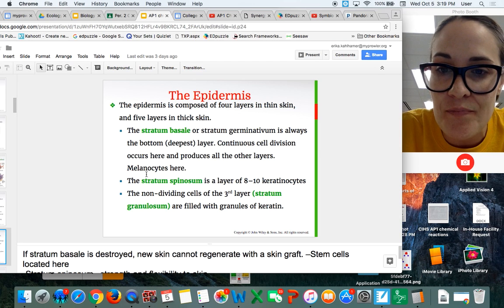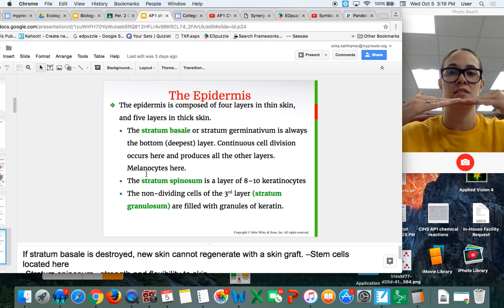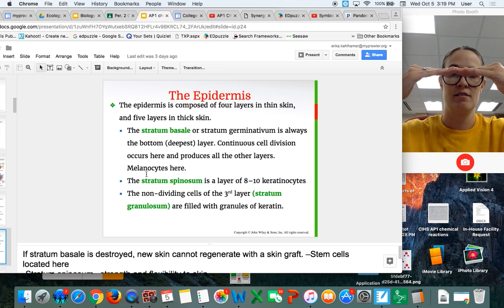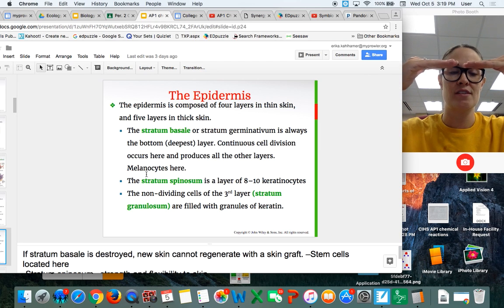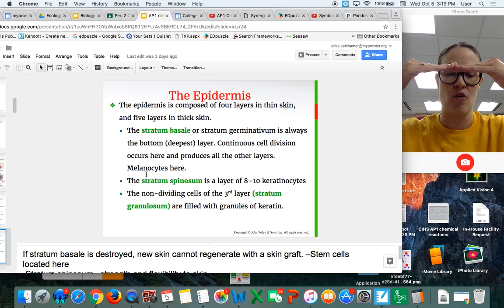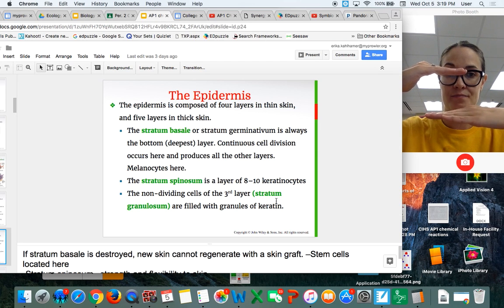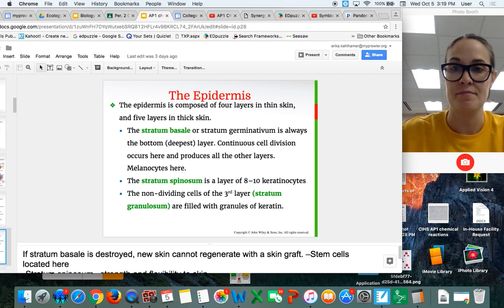And then the next layer up is the stratum spinosum. And then the third layer is the stratum granulosum. When you get to the third layer, the cells are not actively dividing anymore, and they are filled with keratin. So bottom layer, actively dividing, alive. Third layer, the cells are dead and full of keratin.